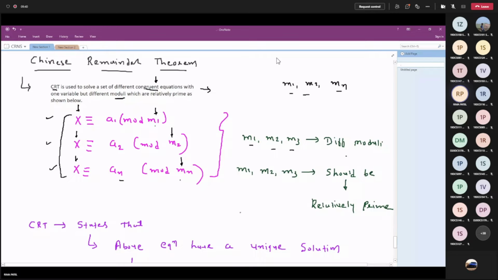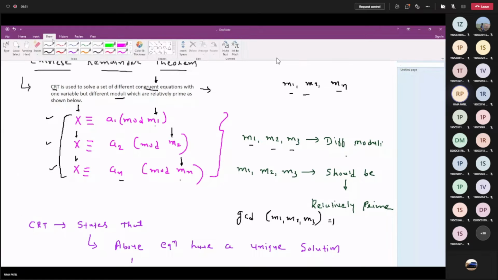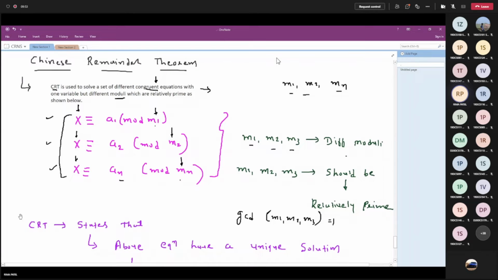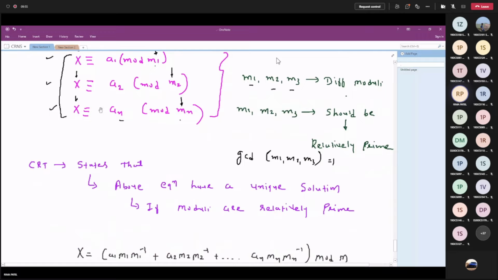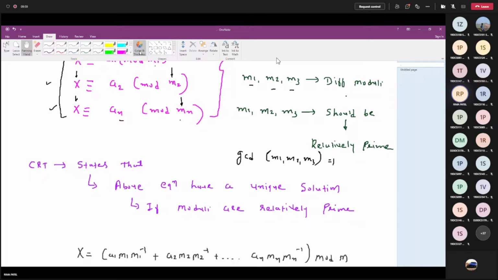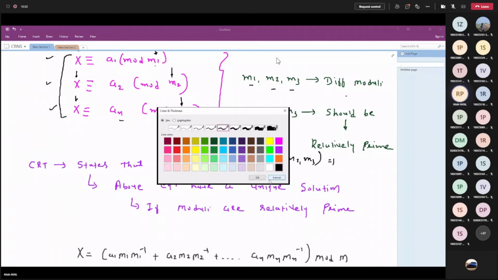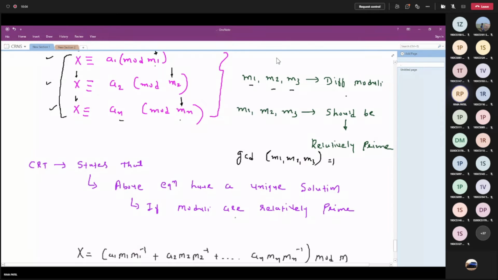So if I find the GCD of m1, m2 and m3, it must be 1. Then and only then you will have the unique solution. So that is the second statement for the Chinese remainder theorem, that these above equations have a unique solution if and only if your moduli are relatively prime. That is, for m1, m2, m3, the GCD should be 1.